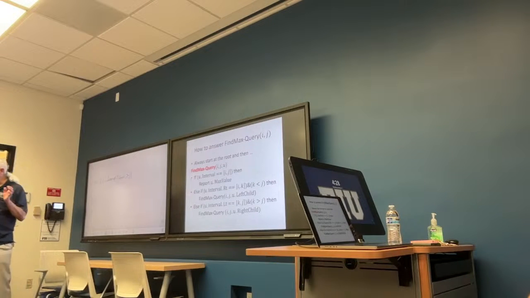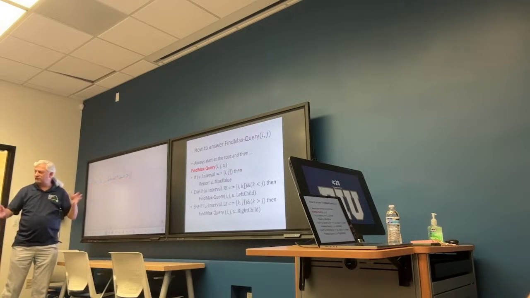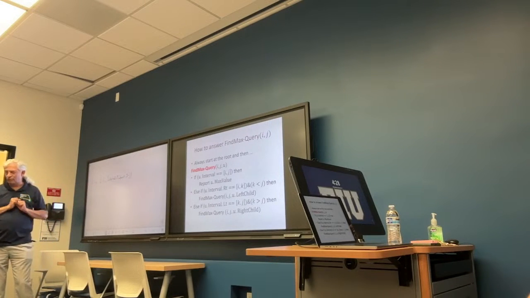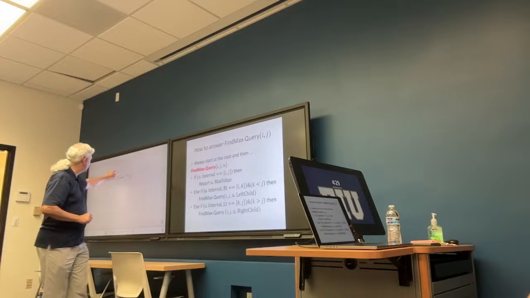Because the left child is going to go somewhere all the way up to the midpoint of that range. And so if the entire interval J is on the left side, then I'm going to go to the left subtree. So this condition here will get replaced by that.